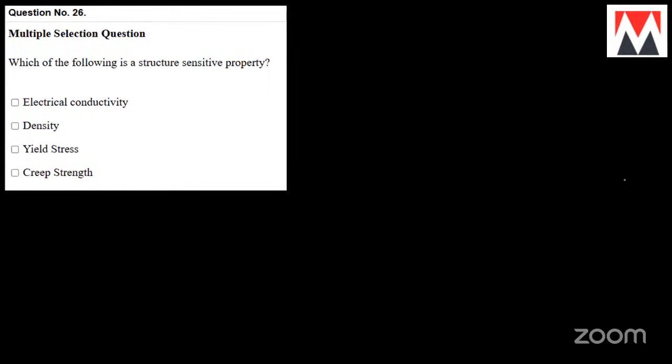Which of the following is a structure sensitive property? So a structure sensitive property is the one where the property changes as you change the structure. For example, density is structure insensitive. It is like total mass by total volume, right?